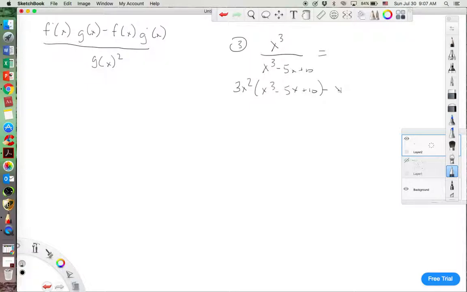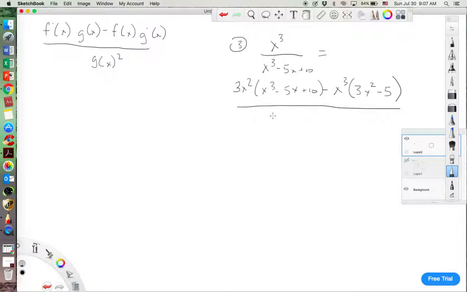Subtract from that the top part times the first derivative of the second, so we'll drop down our exponent, turn it into a coefficient. Remember, our constant turns to 0, and our single x term turns into a constant.